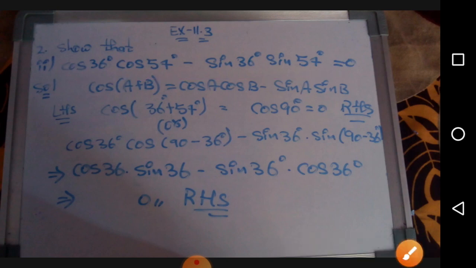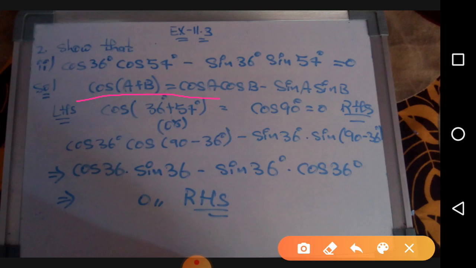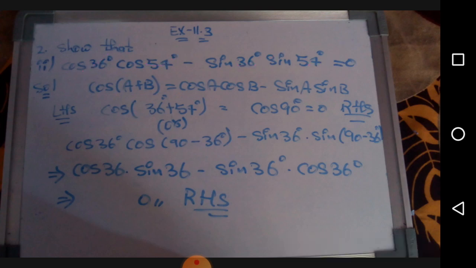If you observe it clearly, this LHS is following a formula, and the formula is cos of A plus B equals cos A cos B minus sin A sin B. And here you will find cos A cos B minus sin A sin B.